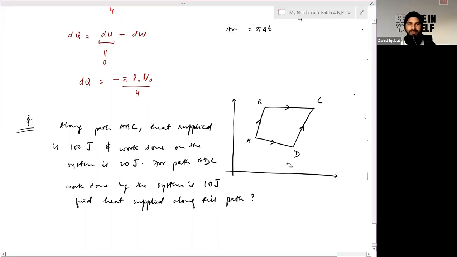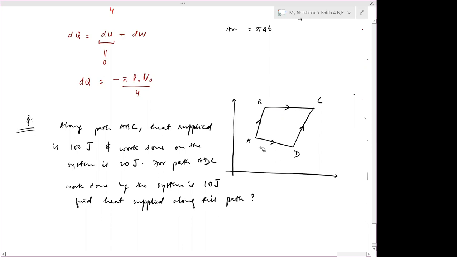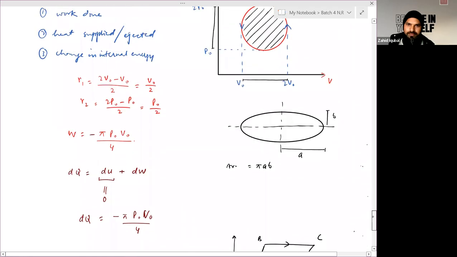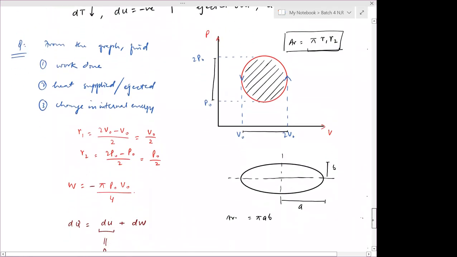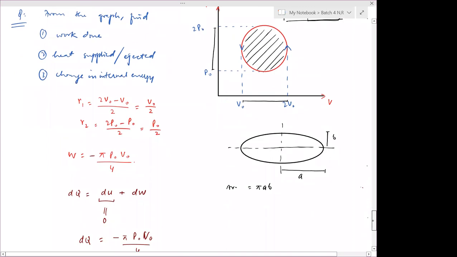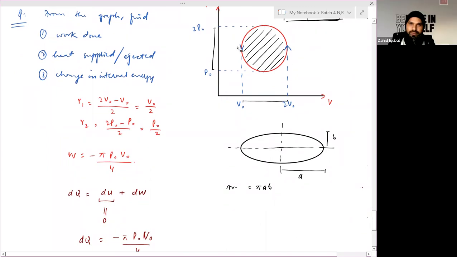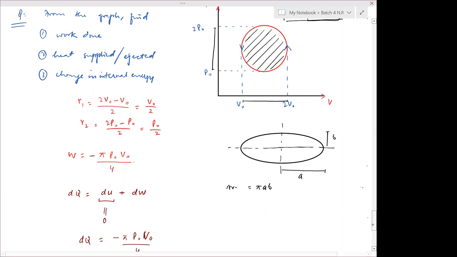Let me give you a hint how to solve this part. Gautam, didn't the last question also have a third part, or change in internal energy? Fine, okay. In this part, we have a whole closed path like this.